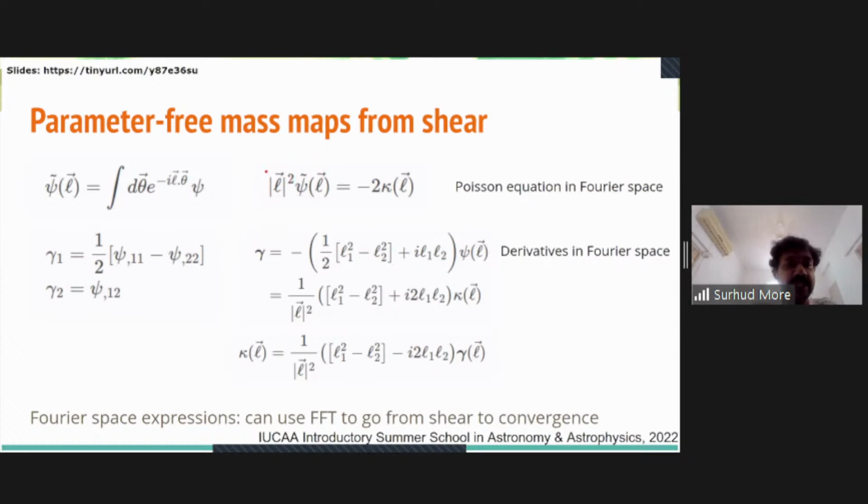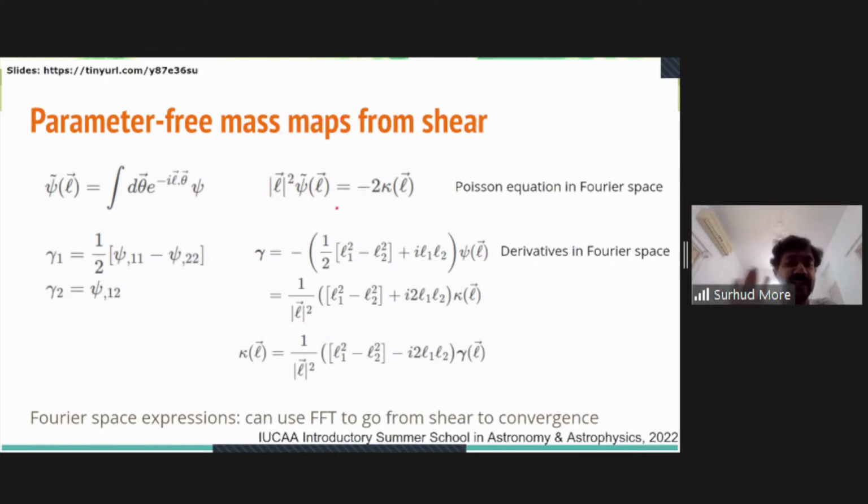That's what the Laplacian gives you. And that is equal to 2 times kappa. And so again, you're taking it in Fourier space, and that's why it becomes 2 times kappa of L. This minus sign, which was here, I just took it here. That's all. Okay? So this is the Fourier space equivalent of the Poisson equation.